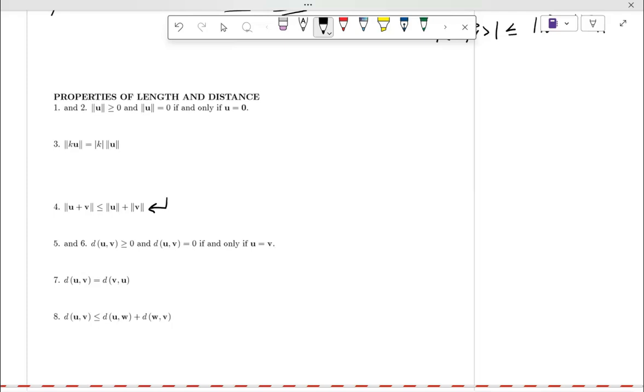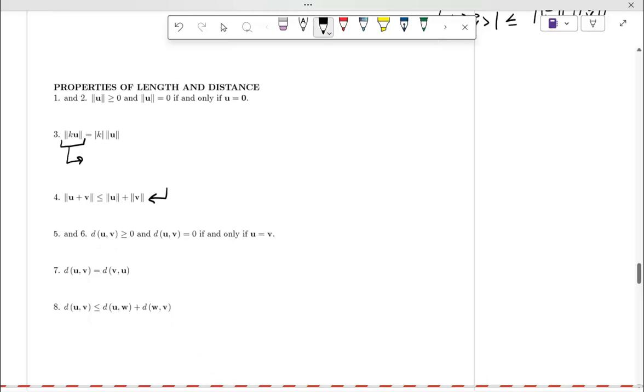But for example, if you look at number 3, how can I rewrite this right here, the thing that I underlined in number 3? Well, that's the idea. That's what we're trying to prove. How do we rewrite this as definition? Yeah, good. It's the square root of ku and ku, right?